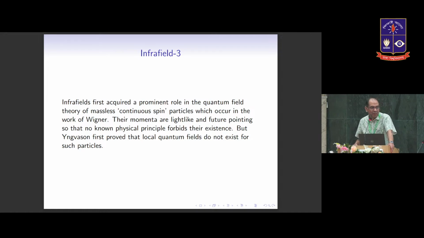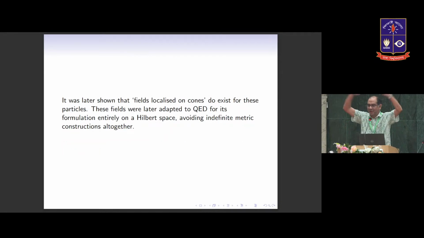What you find is that you can write local fields, but not everywhere. So if you want to define it over a space slice, all you have to do is strike out a thin strip. I had a slide for it, but I did not incorporate it here. But I will wave my hands and you can realize what I'm trying to say.